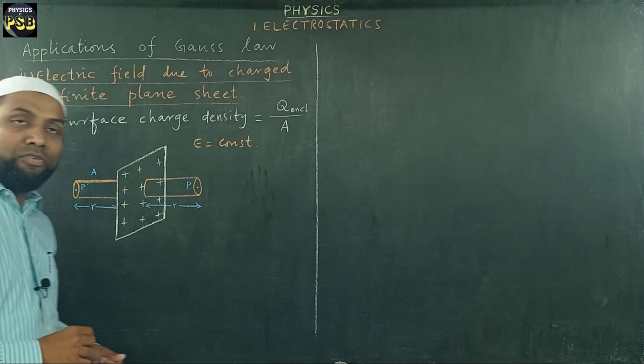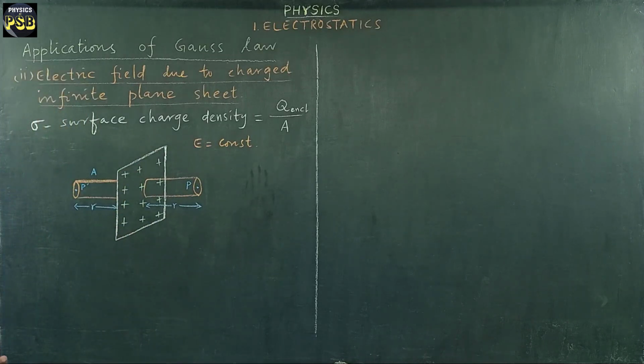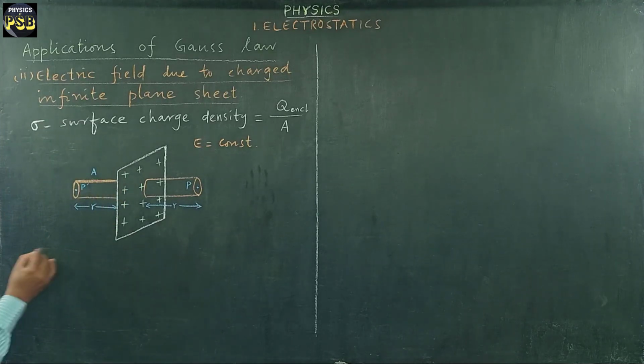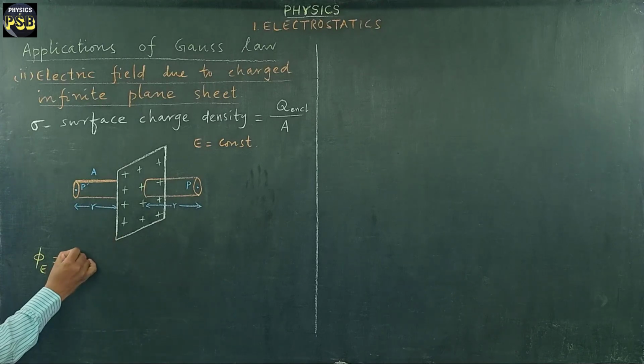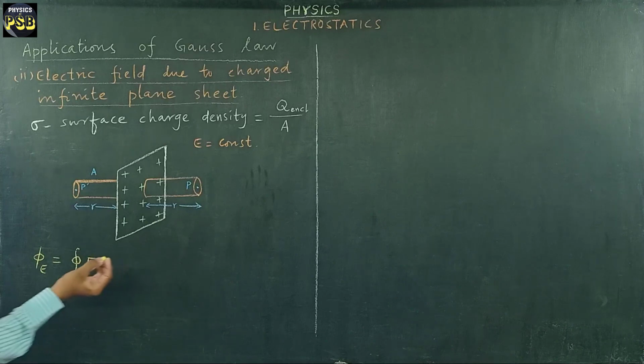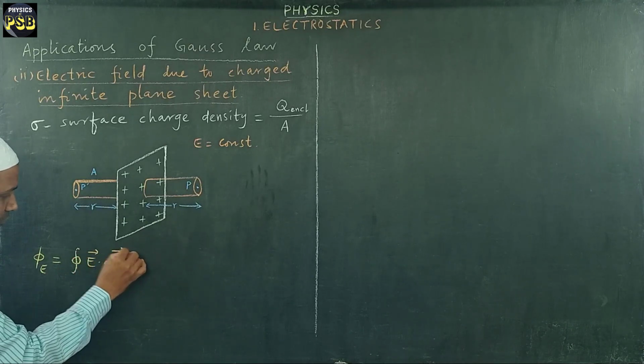Now, I will find out the value of E due to this charged sheet. For that, I will apply Gauss law. Before that, I write this. Phi E. Phi E is nothing but electric flux, which is obtained by taking the closed integral of the product of E vector and the dA vector.